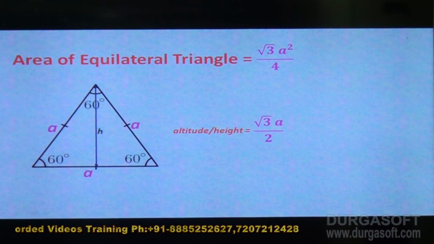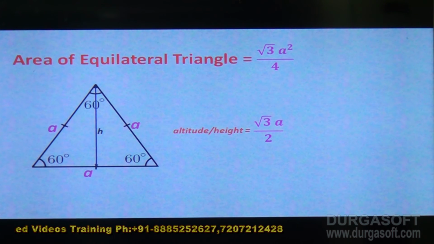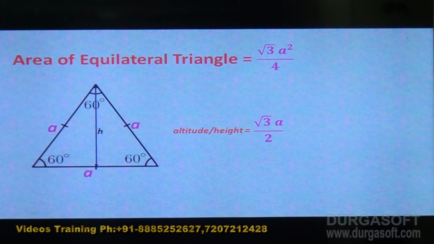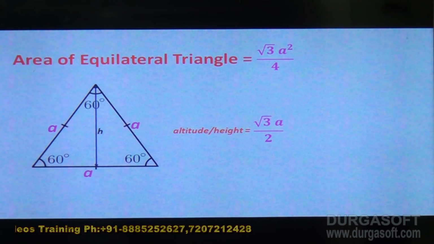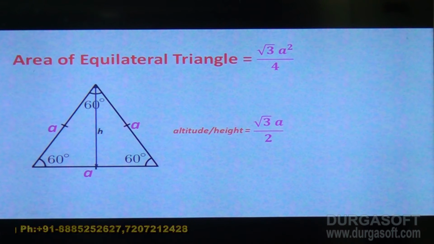Let's go for the area of an equilateral triangle. If we see here, there is one equilateral triangle, where all the angles are 60 degrees and all the sides are the same.